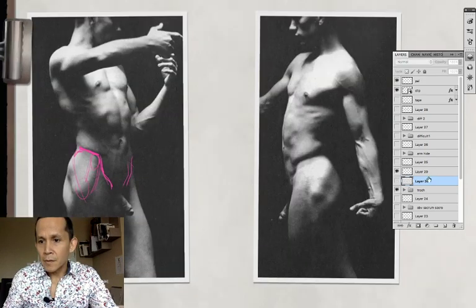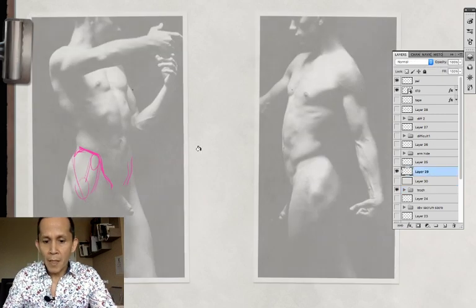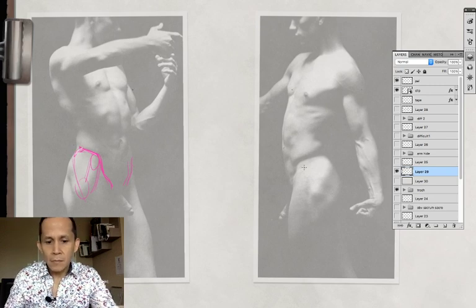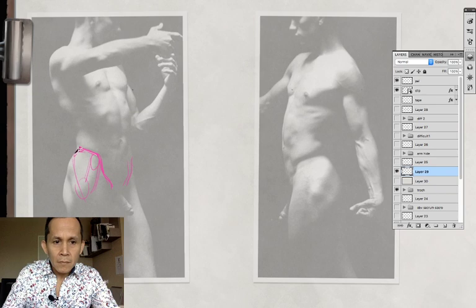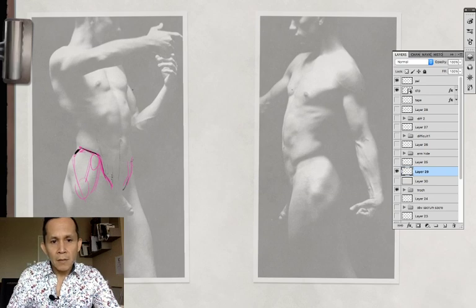Because this model is so lean, the abdominal wall and the front are visible. The pubis bone obviously is here, his groin is there.